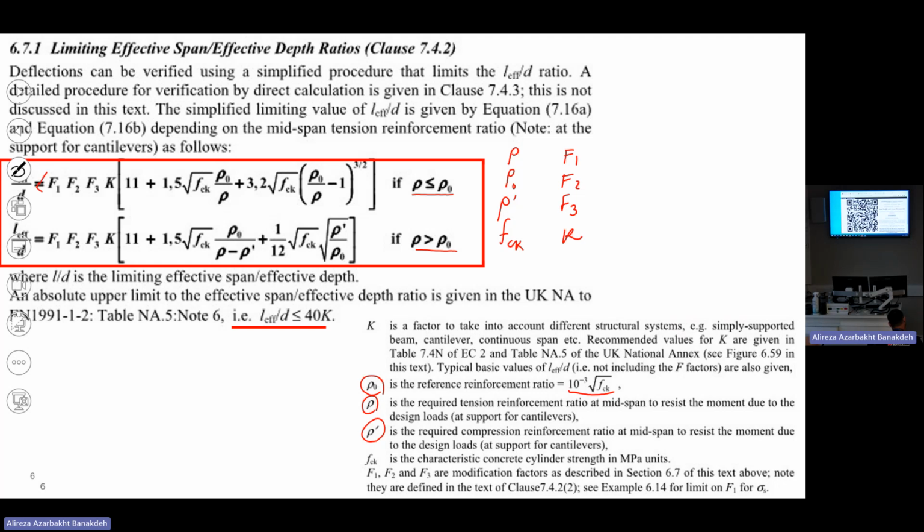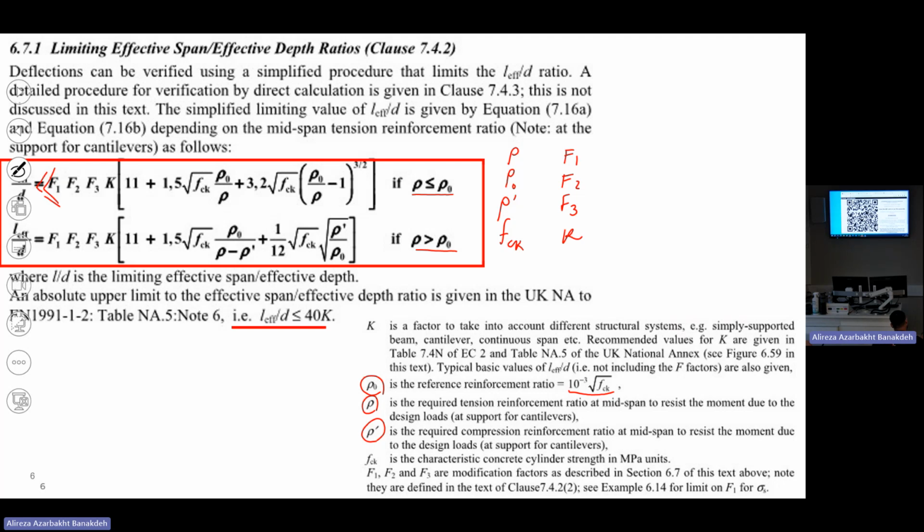The Eurocode says equal, meaning that if the L over d is less or equal than this, you are fine. If it's not, you're not fine. It's the problem of Eurocode; it should say less or equal. So we calculate this as the criterion for the deformation, and we have our beam. We know the lengths and the h and the d, the effective depth, and if it's less than this value, we are fine. If it's not, we are not fine.